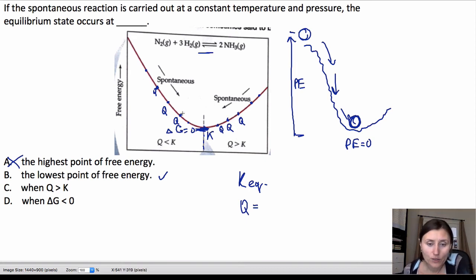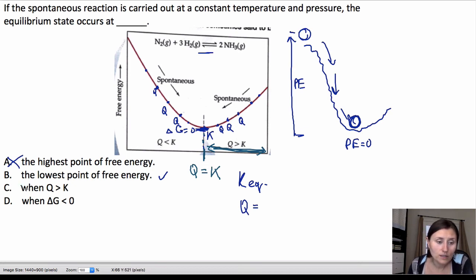So if you think about that, this says when Q is more than K, let me change this, is right over here. This point between there and there is where Q is more than K. Actually, at this point is Q equals K, because the extent of the reaction is equal to the equilibrium constant.